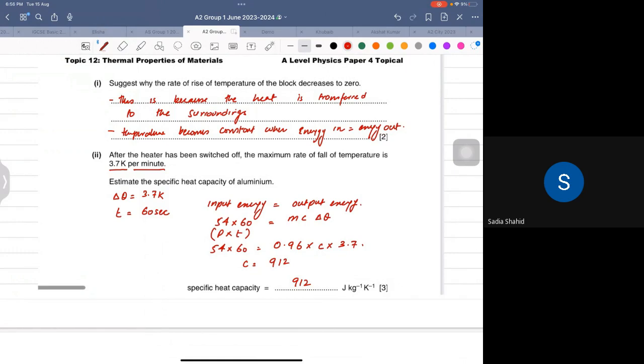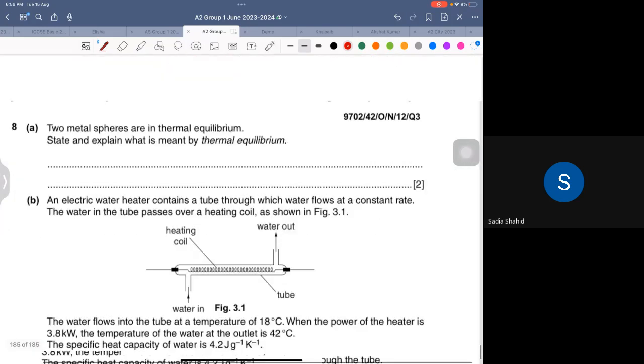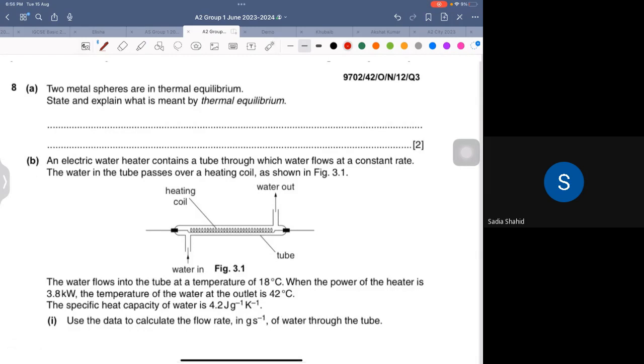Okay. So does everyone amongst you understand this? Should I go forward now to the next question? Yes. Okay. The next thing is this type of question. Now, the first thing they're asking you is what exactly do you mean by thermal equilibrium?